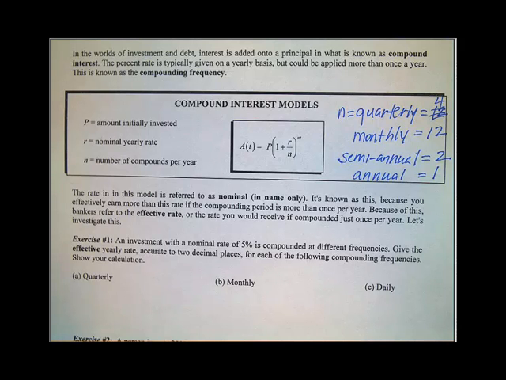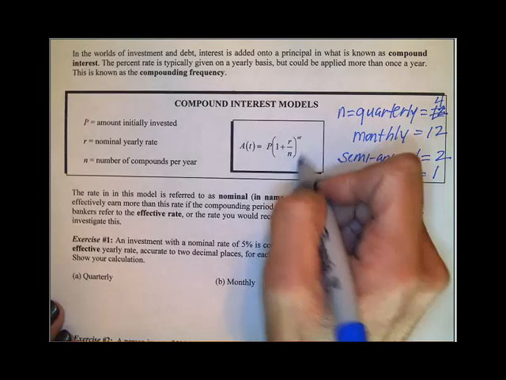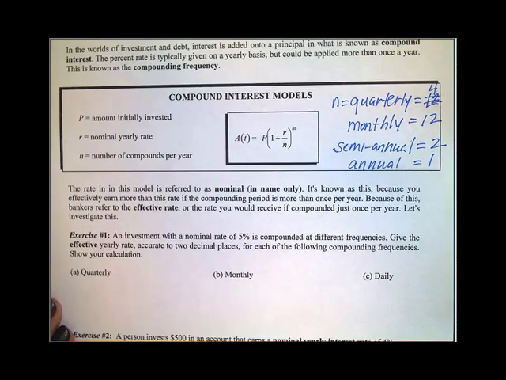So, an investment with a nominal rate of 5% is compounded at different frequencies. Give the effective yearly rate accurate to 2 decimal places for each of the following compounding frequencies. Show your calculations. So I'm just using the part in the parentheses in the exponent. Quarterly.